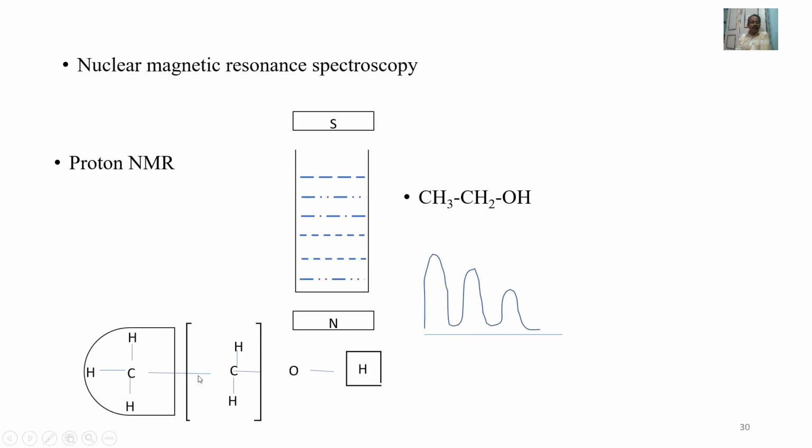We have the formula for ethyl alcohol, CH3CH2OH. So we have 3 signals, and these signals are from the different orientations of the protons, that is, the hydrogen atoms.